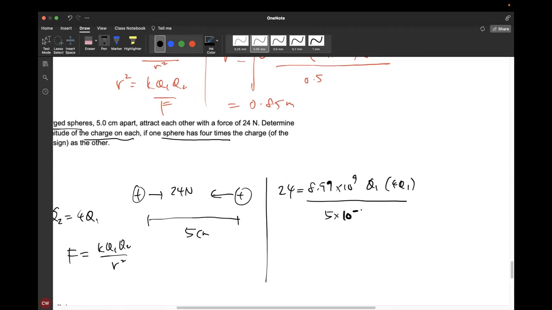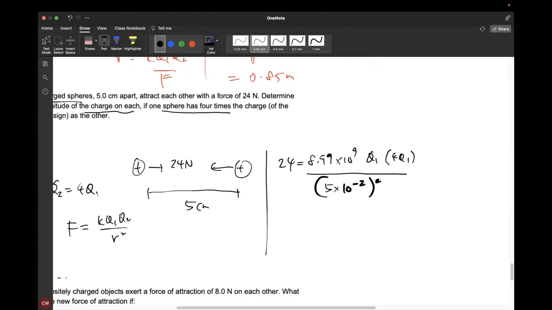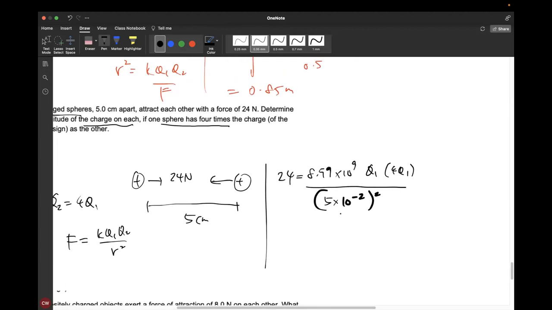Okay, this is -2, n squared. Find the Q1 square, because here this is the Q1 square. Q1 square is 24 times 5 to the power of -2, squared, divided by 8.99 power 9 divided by 4.